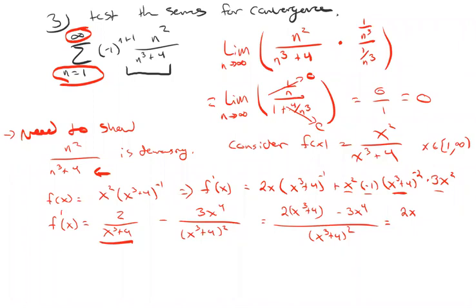I made an algebra mistake here. I should have an x here and here. Then we can distribute, and that would be 2x to the 4th plus 8x minus 3x to the 4th over x cubed plus 4 quantity squared.